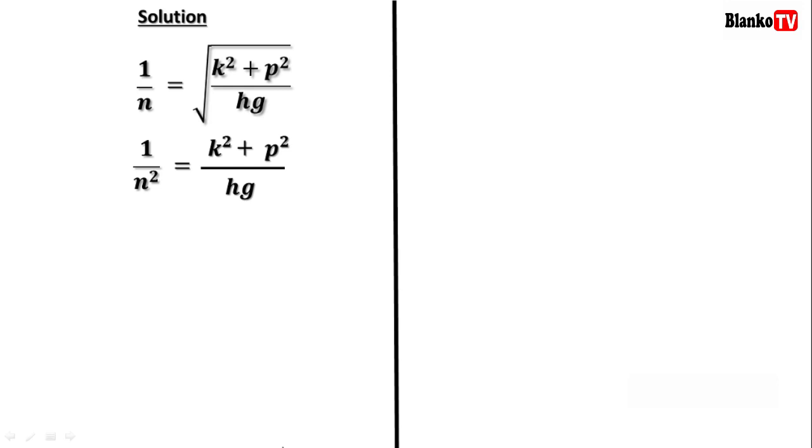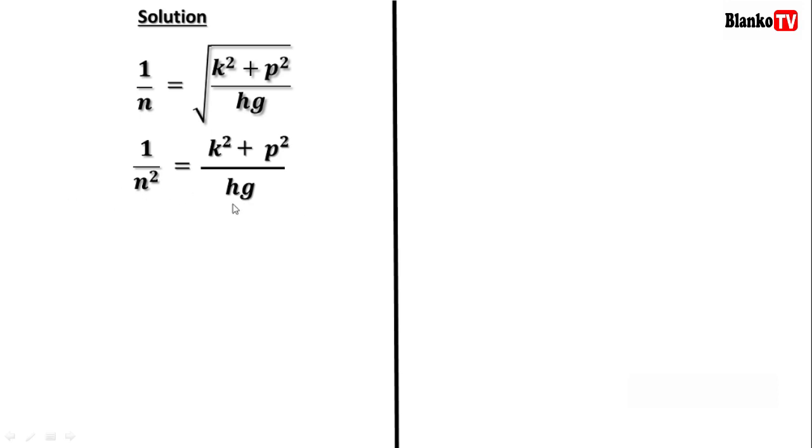The next thing we do is multiply the left hand side by n square hg, and the right hand side by n square hg, which is our LCM, considering the denominators.